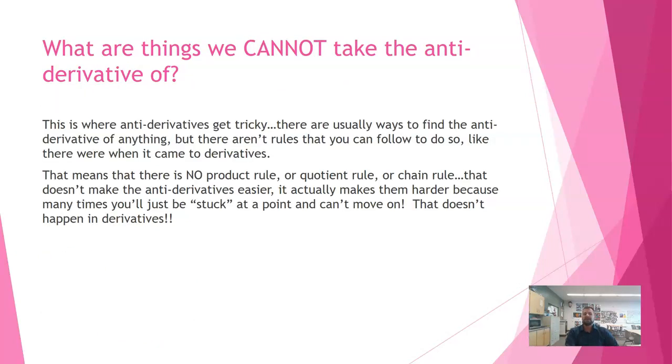Okay? If things are multiplying together, if they are dividing, if there's anything like that, we simply cannot find the antiderivative just by looking at it. Again, we will learn some tricks as we get further into this course, but they were not things that we know how to do just right off the top of our head, and every situation is unique, okay?